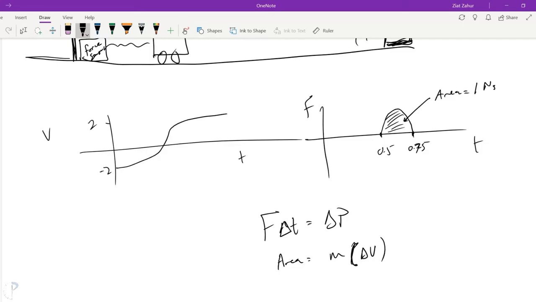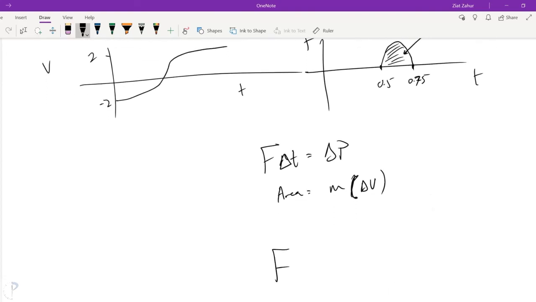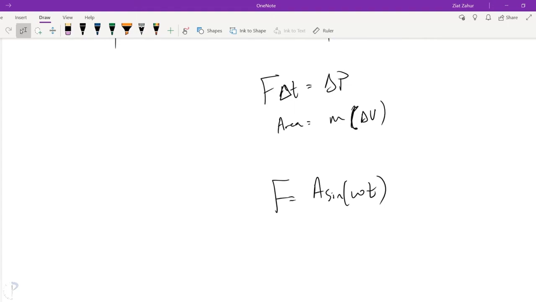For the time period from 0.5 to 0.75, the force F the elastic cord exerts on the cart is given as a function of time t. F is equal to A sine omega t, where A is equal to 6.3 and omega, okay, whatever, A and omega are given.